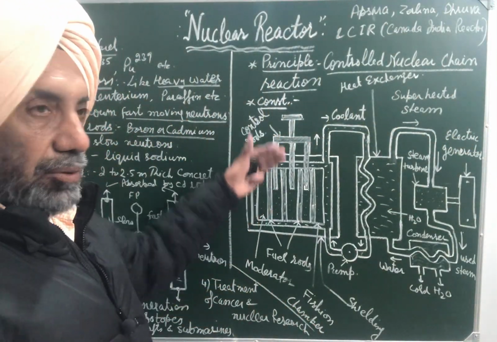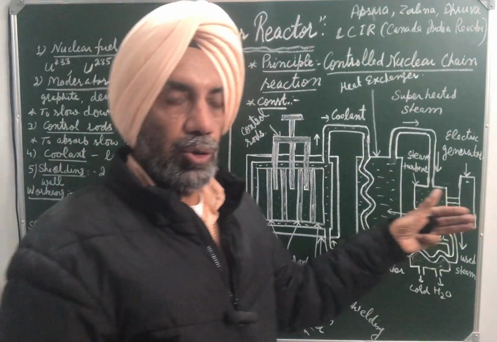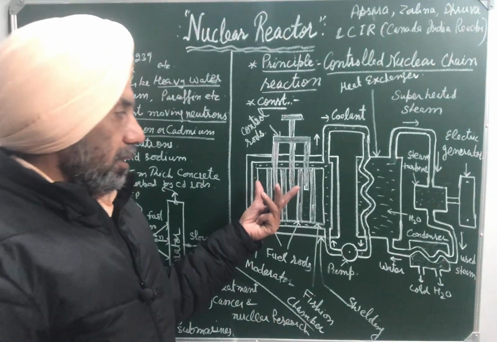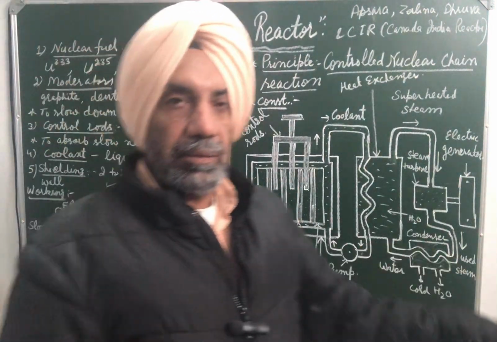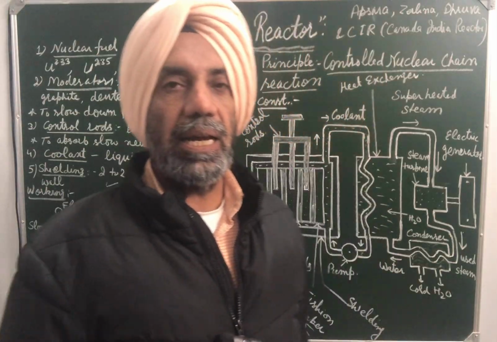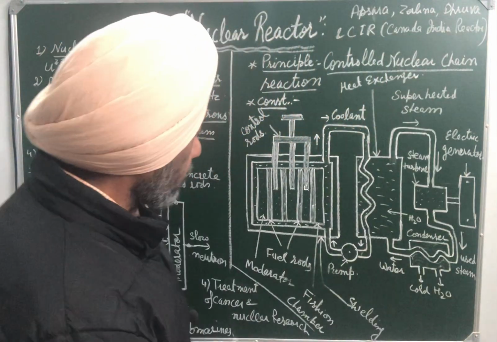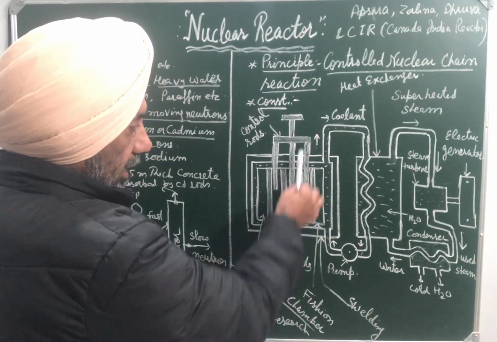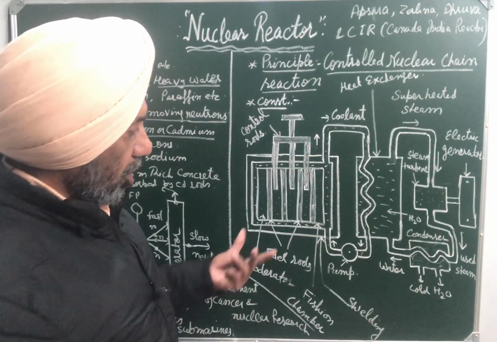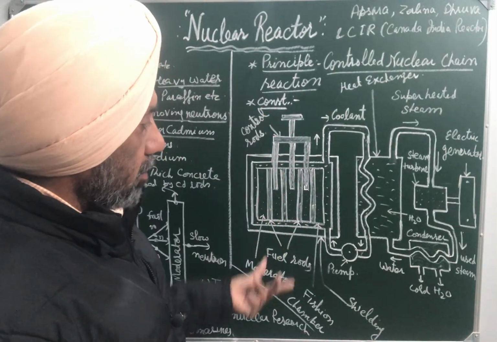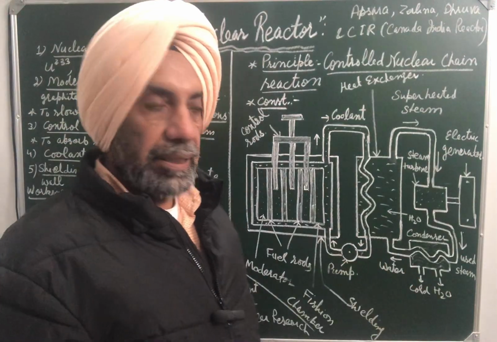By controlling them, we can control the flow of slow neutrons. The remaining slow neutrons can cause further nuclear fission. By inserting or taking out these control rods, we can control the speed of the reaction.